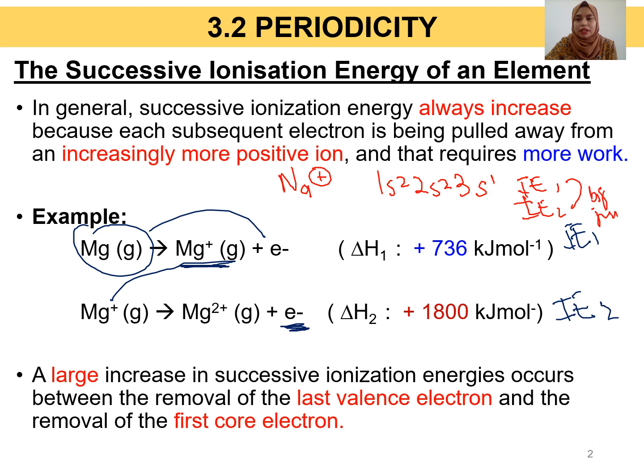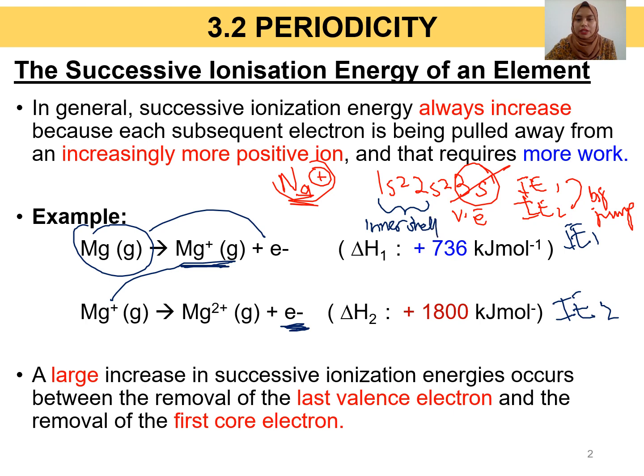Kenapa dia ada big jump? Sebab mula I remove 3s1 ni dah memang valence electron untuk Na, so you akan dapat Na plus. Tapi bila you nak remove one electron dekat the next, yang ni adalah inner orbital ya, this will be the inner orbital untuk Na, inner shell.